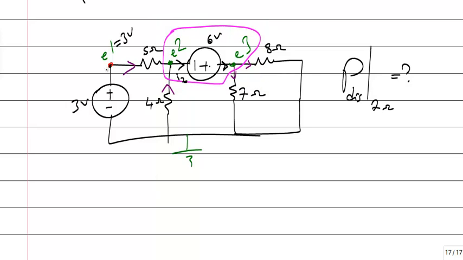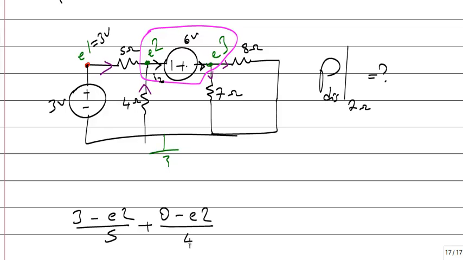Entering current is this 3 minus E2 divided by 5 plus this current 0 minus E2 divided by 4 is equal to exiting currents: E3 divided by 7 plus E3 divided by 8.